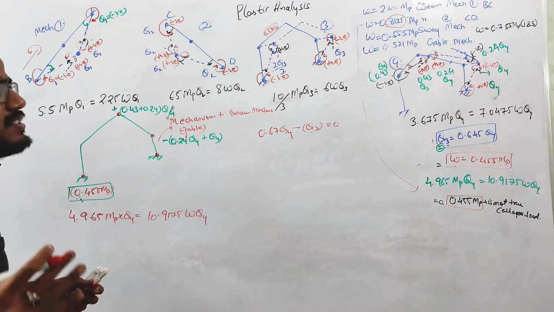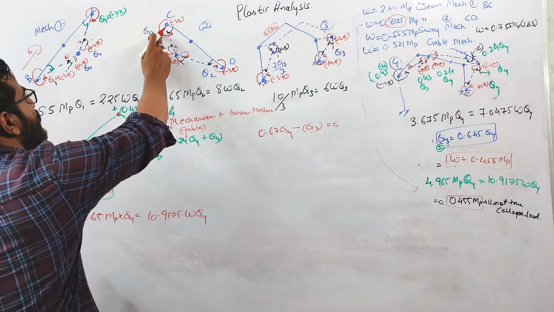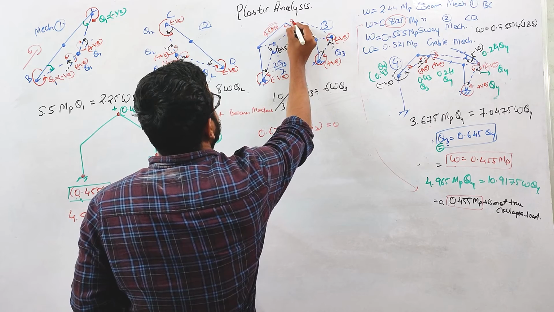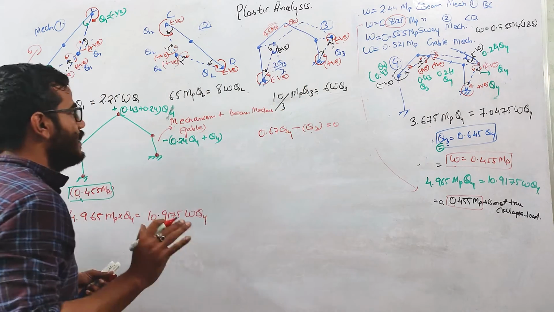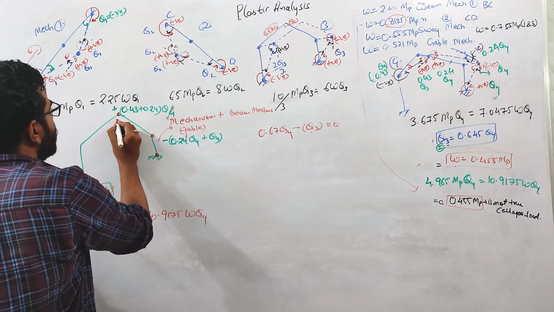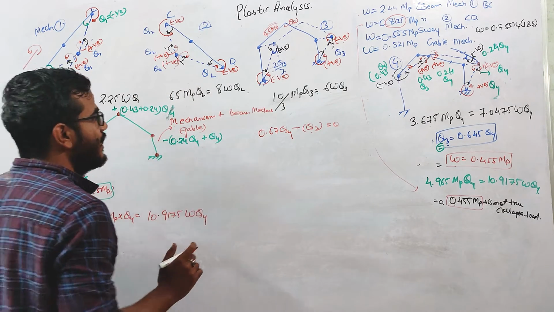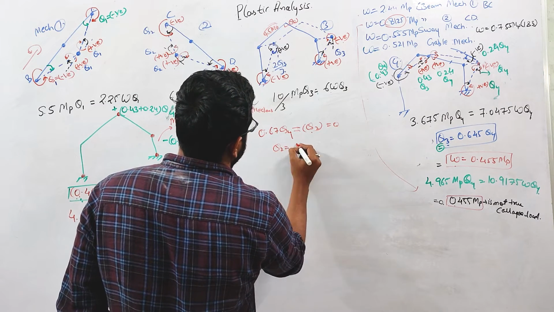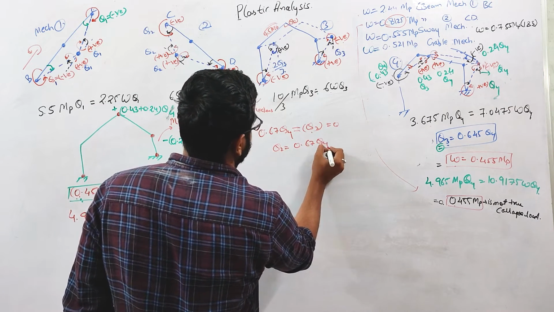Because if a plastic hinge is not forming at C, the net rotation at point C should be 0. Initially the angle between the members here is 90 degrees, so this angle should again be 90 degrees. So if you combine these two mechanisms, the angle between these two members will remain 90 degrees, because a plastic hinge is not forming. So theta 2 from here is 0.67 theta 4.